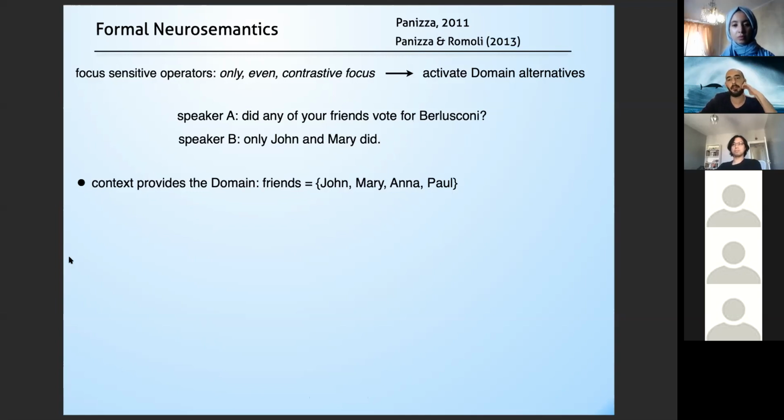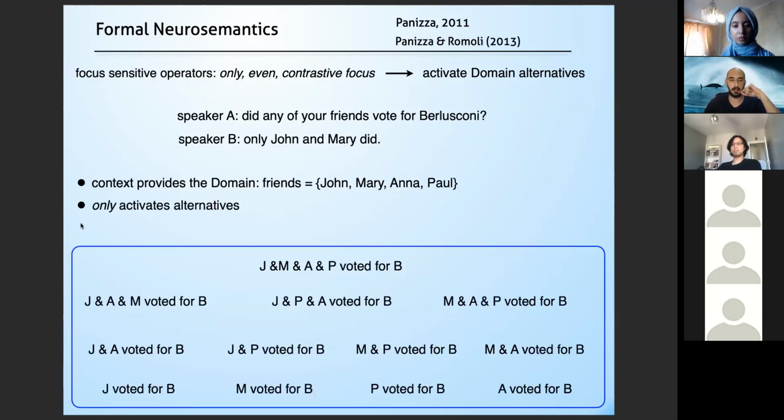So, example, did any of your friends vote for Berlusconi? Okay. And you might have in mind a domain of friends like John, Mary, Anna, and Paul. Okay. So the idea is that NPIs contain a covert only, or they work as if they had a covert only.